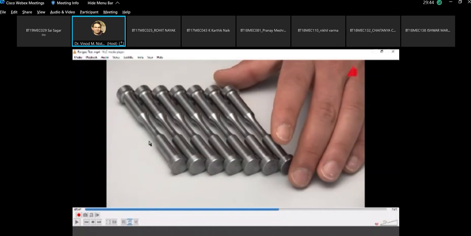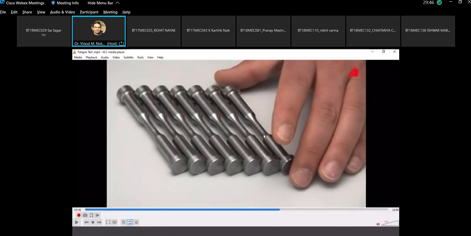They test the same material specimen around 10-12 times to get the endurance limit of the material, that is, below which stress value the material will not fail even if an infinite number of cycles of load is applied.